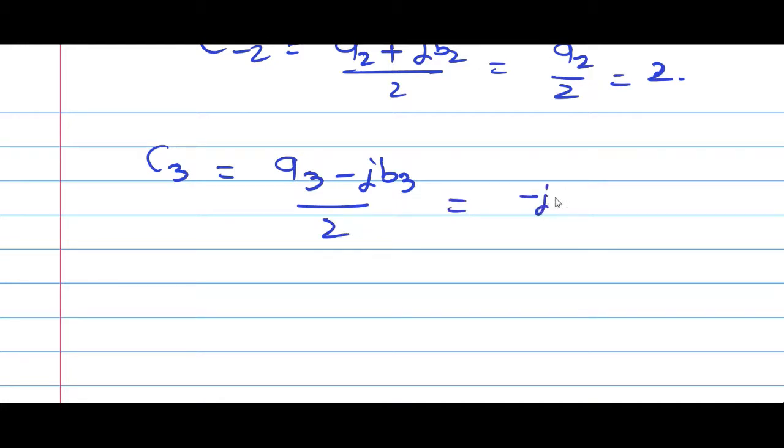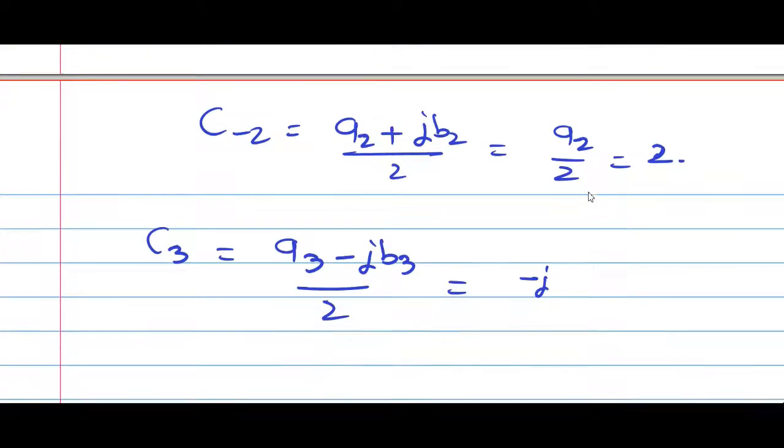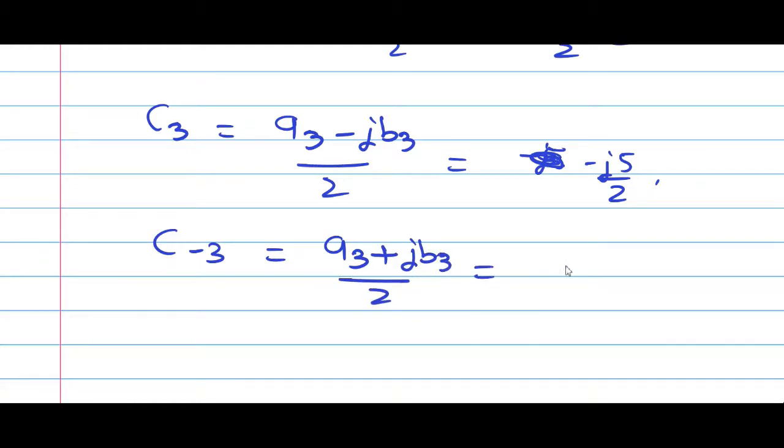So minus JB3, given in the question is 5. So minus J5 upon 2. And the C minus 3 formula will be A3 plus JB3 upon 2. A3 is 0, B3 is 5, so J5 upon 2. So C3 is minus J5 by 2, and C minus 3 is J5 by 2. So this way we have determined the exponential Fourier series coefficients.